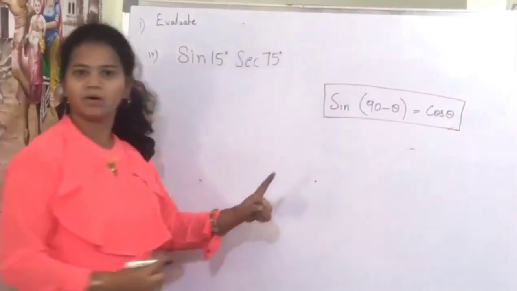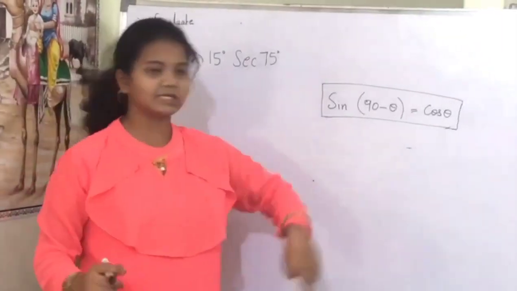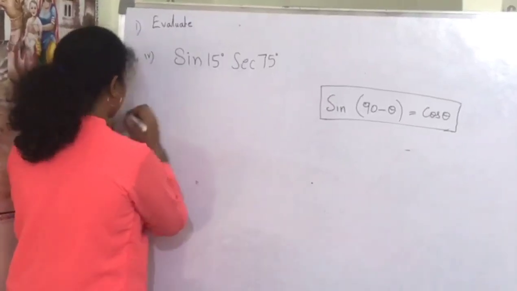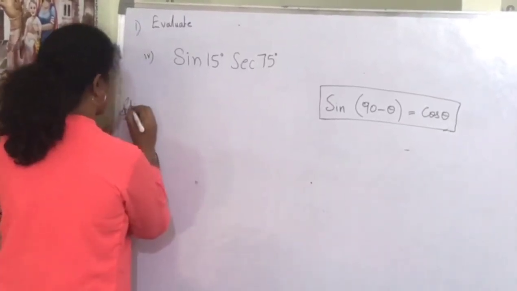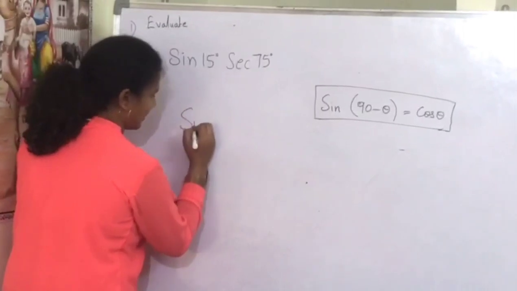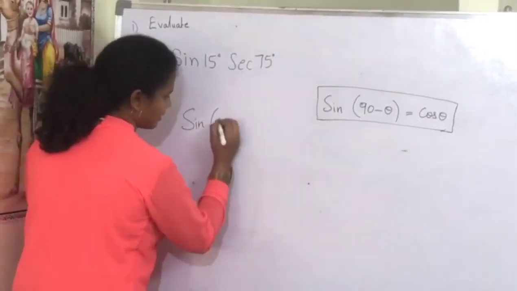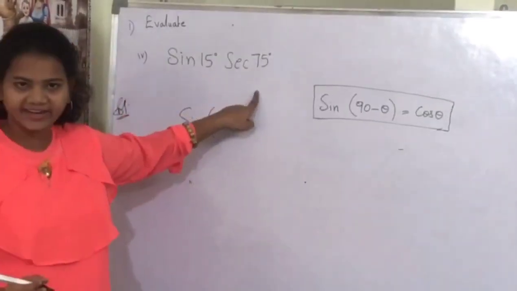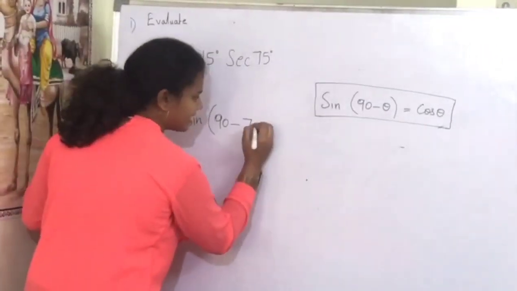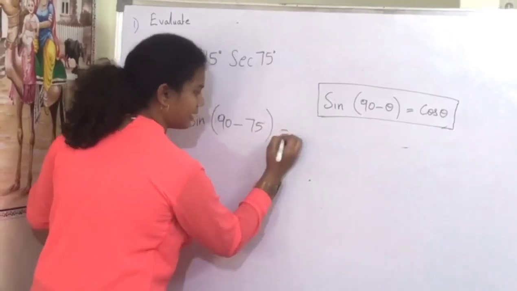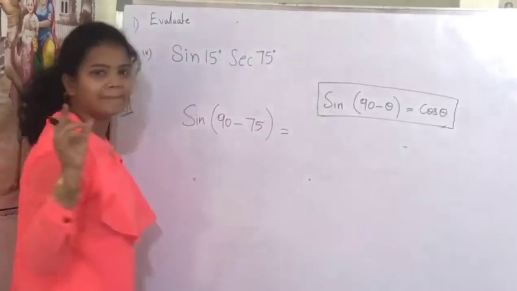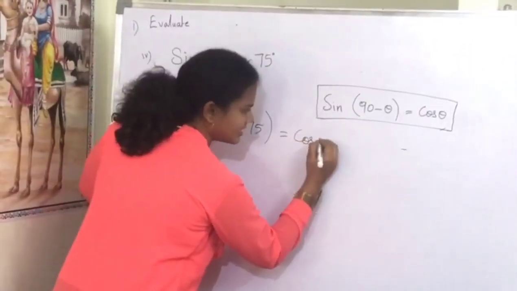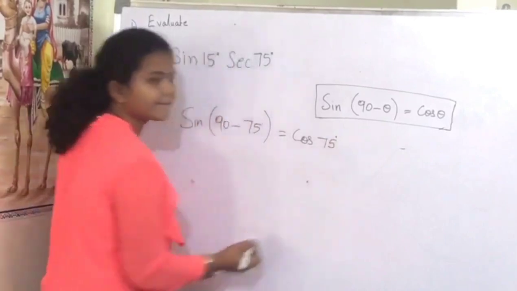Sin 90 minus theta gives us cos theta. And now to solve this problem, I can write sin 90 minus, instead of theta I can place 75 degree, where 90 minus 75 degree gives us 15 degree, equals to cos 75 degree.